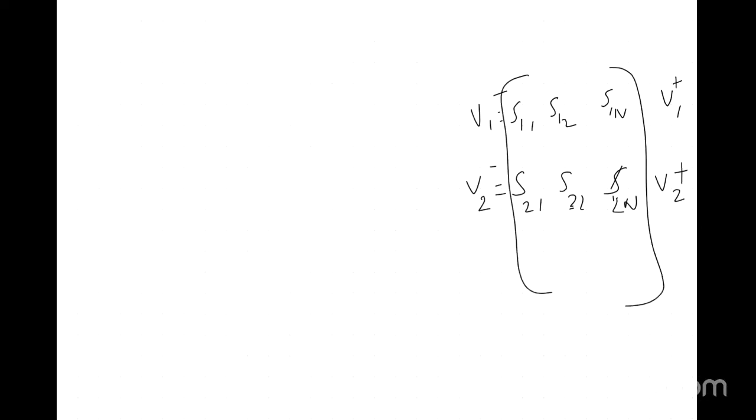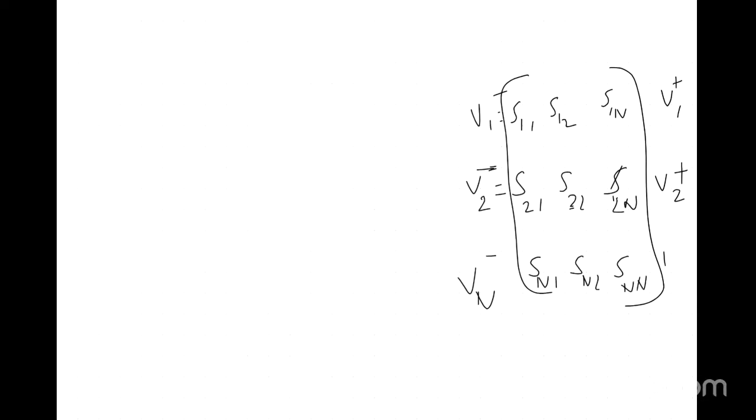Similarly, Vn minus represents the nth port, Sn1, Sn2, up to Snn times Vn plus.